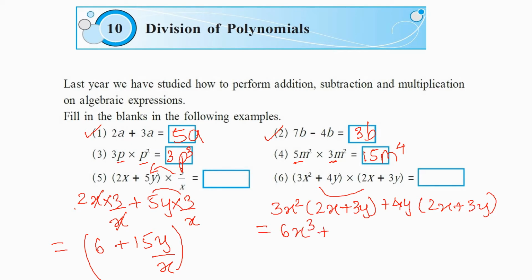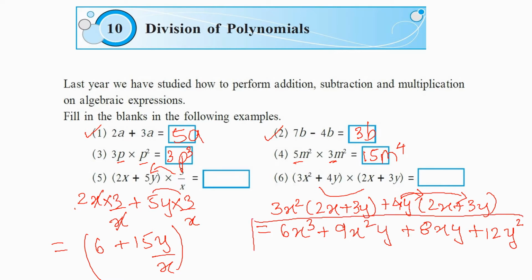Plus 3x square into 3y will give you 9x square y. Plus if you multiply 4y inside the bracket, 4 twos are 8xy, plus 4 multiplied by 3y will give you 4 into 3, that's 12, and y into y will give you y square. So this is your answer after multiplying these two brackets for the sixth one, that is 3x squared plus 4y into 2x plus 3y.